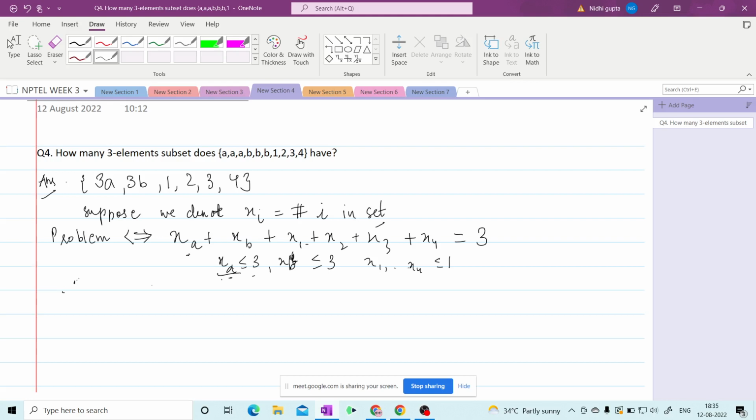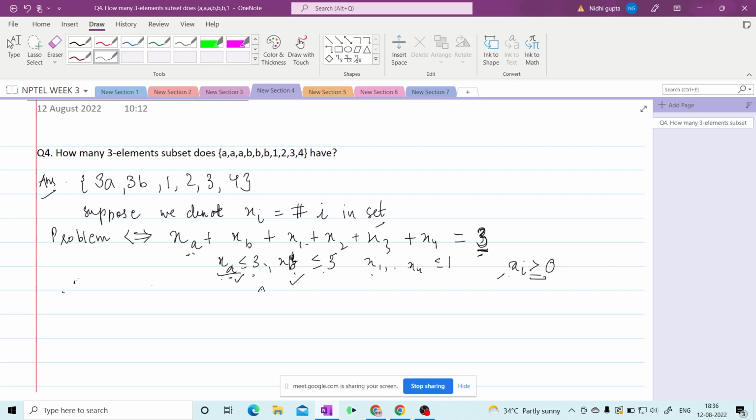method. Since here the n is 3, it would have been a composition if we don't have any additional conditions. If each xi should be greater than or equal to 0, it would have been a weak composition. But in this case, we can see that this condition and this condition are kind of redundant, because xa and xb in this solution can never be greater than or equal to 3.